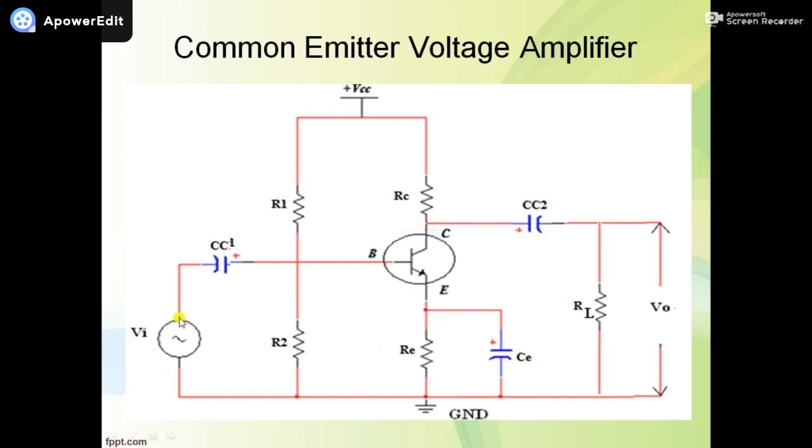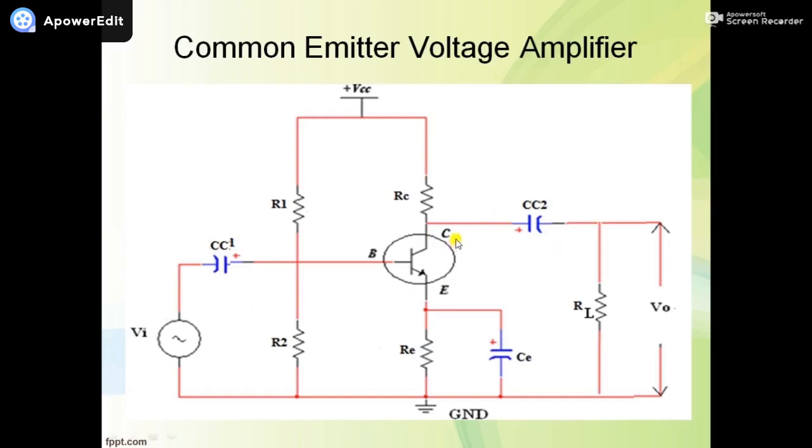So at that time, with respect to the input signal, we get some output signal. And one more thing, it is also called an inverting amplifier, because if you apply the positive part of the signal, here you will get the negative part of the signal.